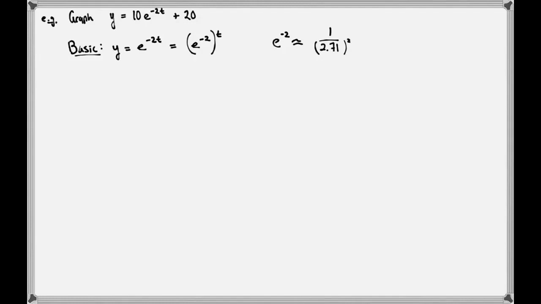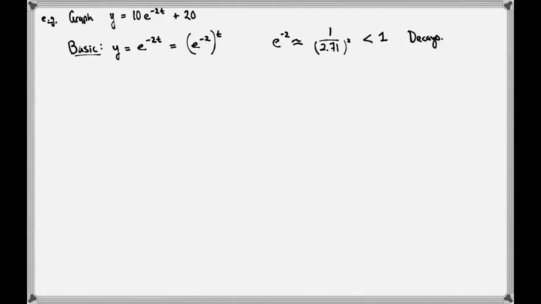So it's somewhere between 1/4, that's 1 over 2 squared, and 1/9, that's 1 over 3 squared. But the bottom line is that this is some number that's less than 1. Because it's less than 1, that tells me that it's going to be a decaying exponential function.